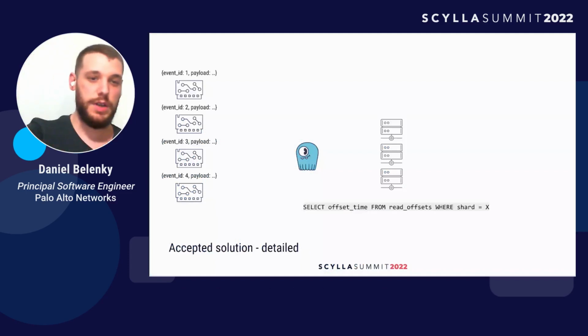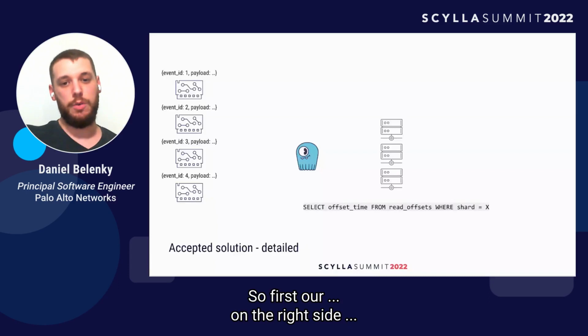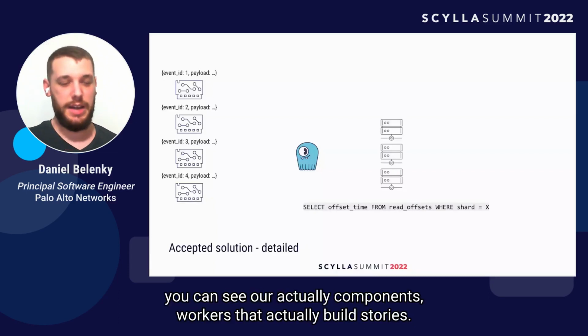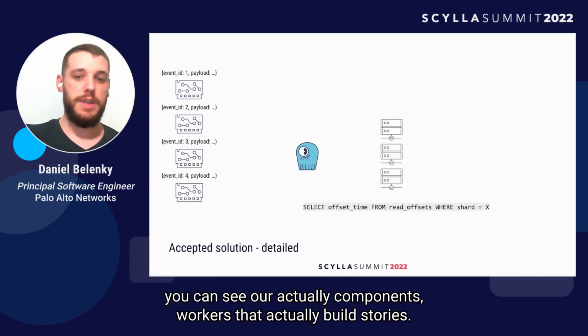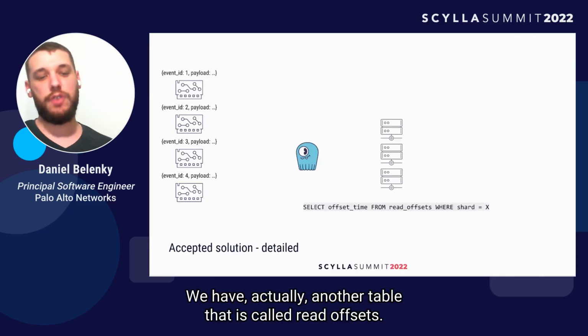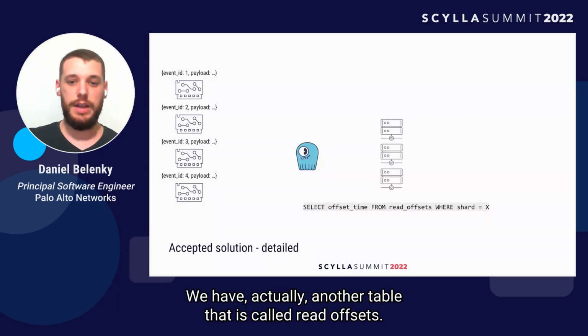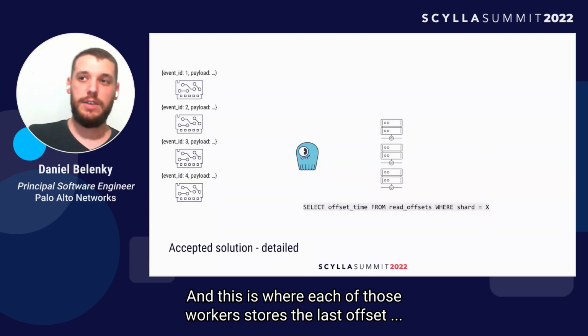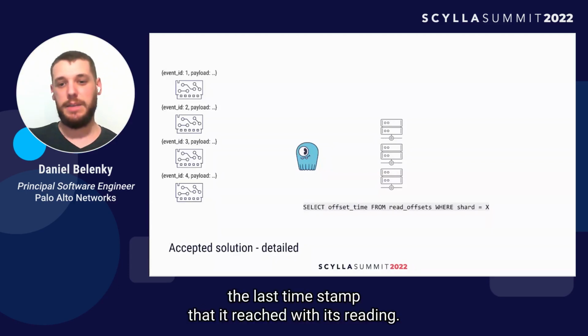So how this works. First, on the left side, you can see all the events, and on the right side, you can see our components, workers that actually build stories. They run some query on Scylla. When they start, we have another table that is called read offsets, and this is where each of those workers stores the last offset, the last timestamp that it reached with its reading.